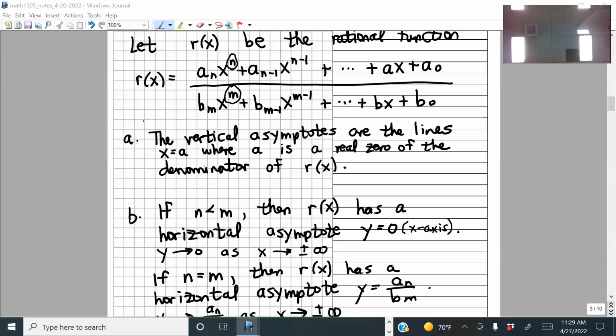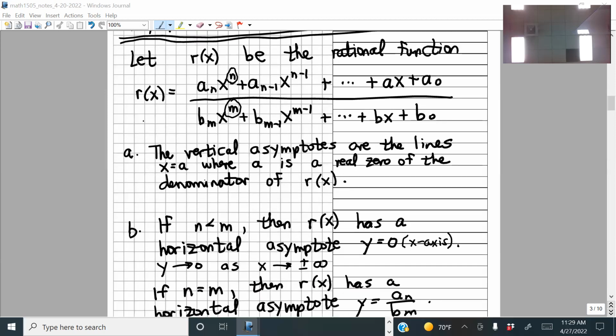Now, what about the horizontal asymptotes? How do we find those? Where do horizontal asymptotes occur? It's very simple. All you have to do is compare the degree of the top and the bottom. That's what the horizontal asymptotes depend on. Those can be different, so there are three cases you have to consider.